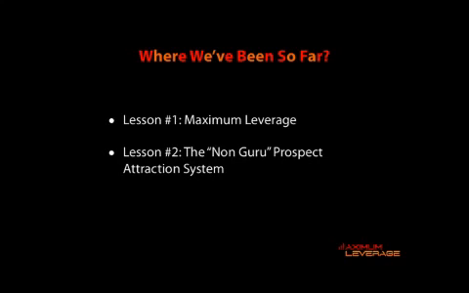In lesson number 2, we talked about how to attract prospects without being a guru. It's all about finding the ideal prospect and entering into the correct mind state of your prospect. And then just giving them what they want. Lesson 3, we discussed a couple of my favorite cool ninja lead getting secrets.